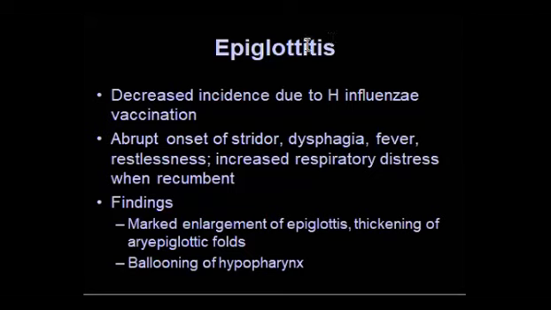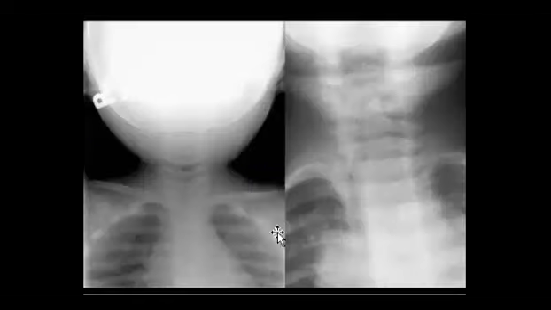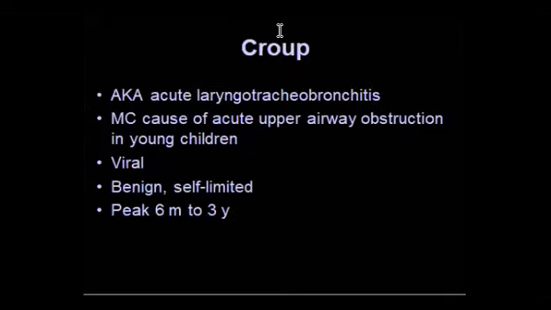So you remember the thumb sign from last time? We mentioned it. It is epiglottitis. And when you find the steeple sign but symmetrical, you remember this? It is what is called croup, acute laryngotracheobronchitis, acute upper airway obstruction, viral.